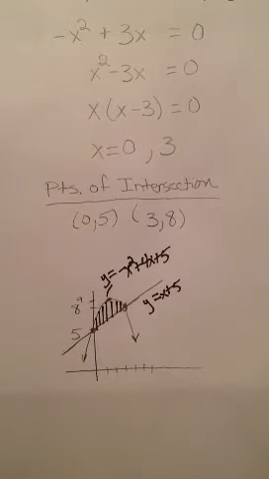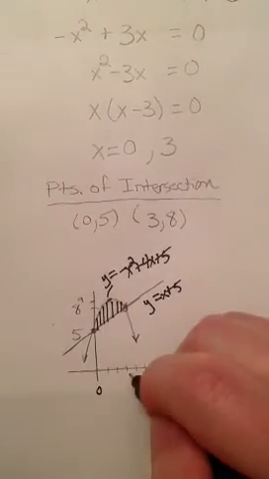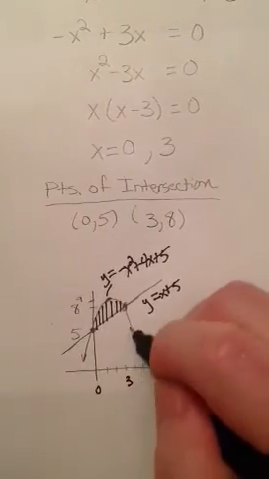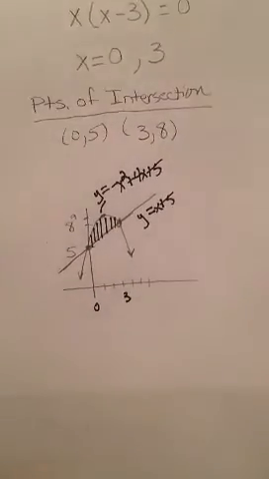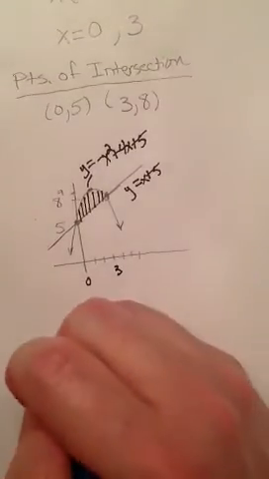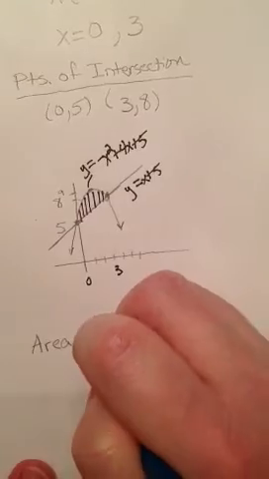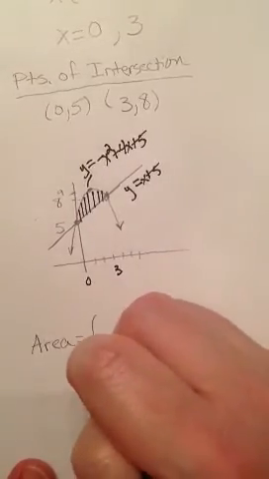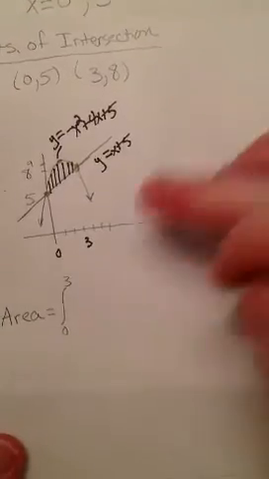And so we will proceed from x is equal to 0 to x is equal to 3. And again, think of the upper minus the lower, top minus the bottom.